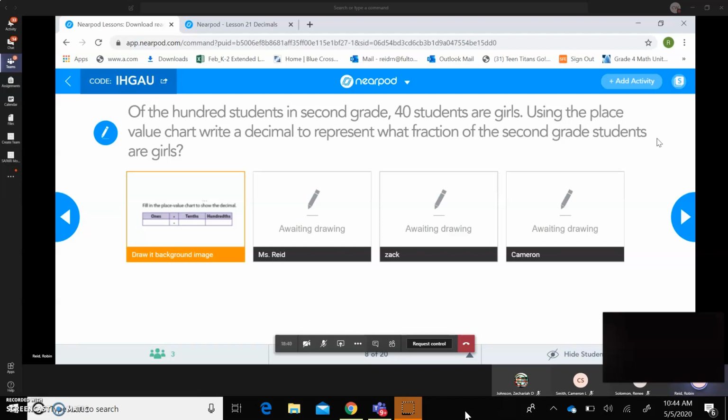Of the 100 students in 2nd grade, 40 students are going.